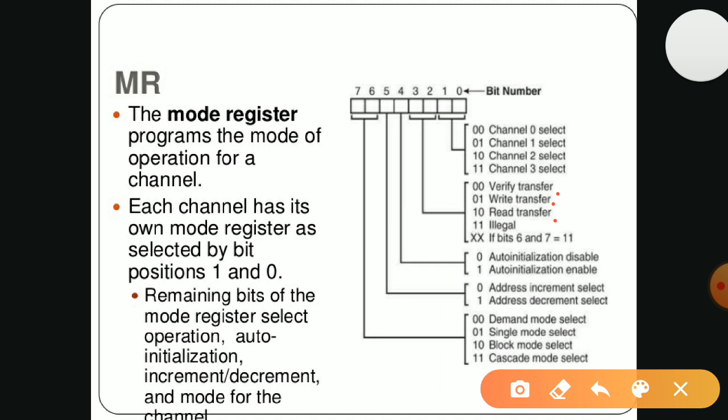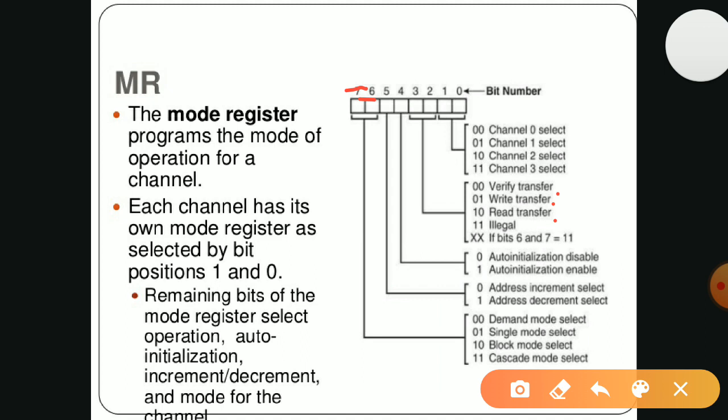The fourth position indicates auto initialization disable or auto initialization enable. The fifth is the address increment select or address decrement select. The sixth and seventh bits are very important here.